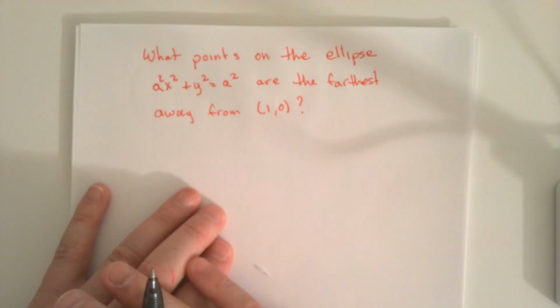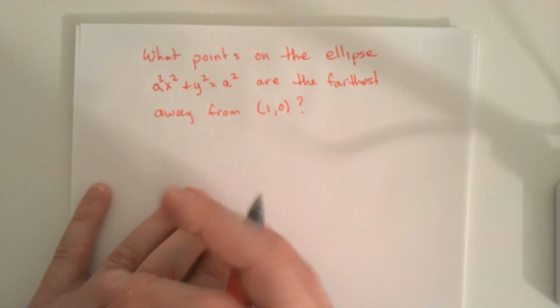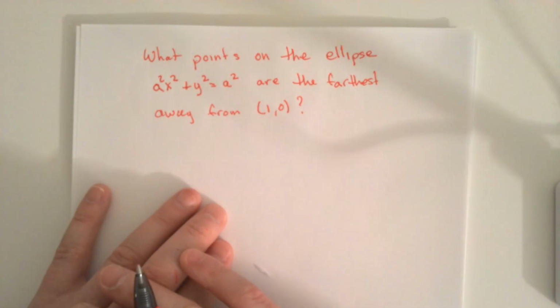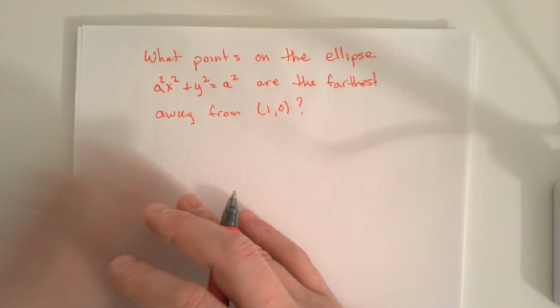I think it's easier if we write it that way. See if you can solve it there. A is just a constant. It should match up.